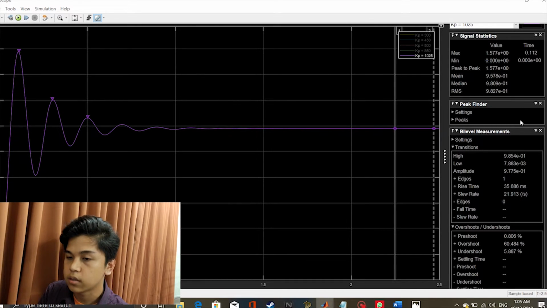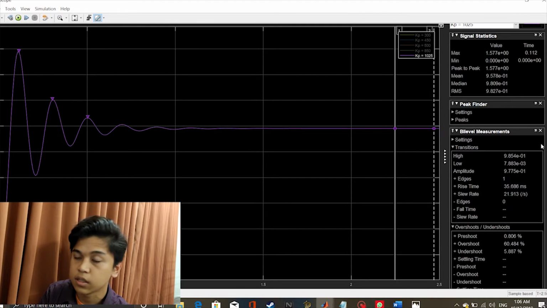The graph shows that we choose the value of P equal to 1025 because, among the 5 values of P that we randomly chose, the best output graph is 1025. It's because the error, rise time, and overshoot are connected with the requirement needed.